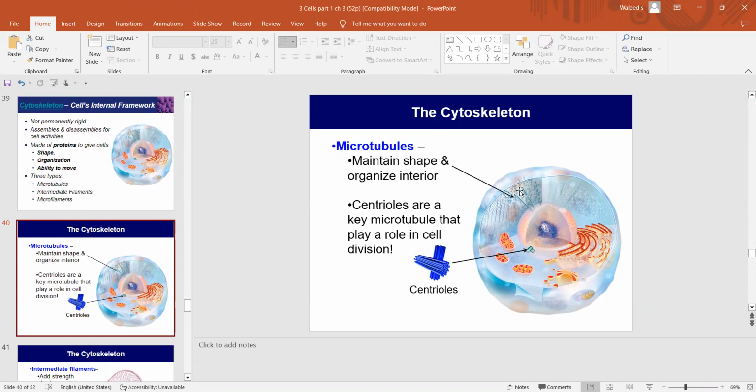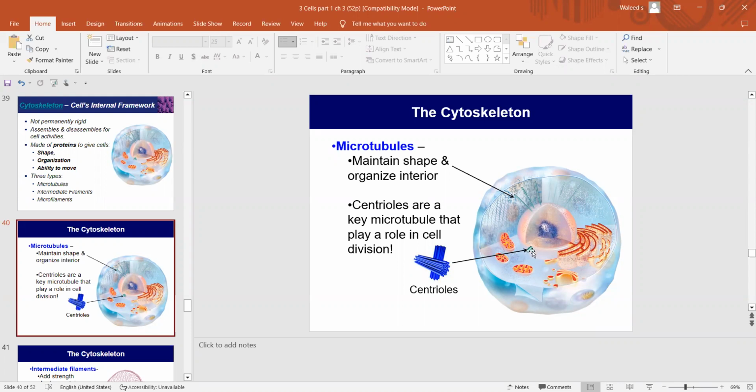Microtubules maintain the shape. If you don't have it, the shape of the cells will collapse and it will look different. Like imagine if you don't have the bone inside your body, it will collapse. Same thing here. Microtubules are the ones keeping the shape inside of the cells.